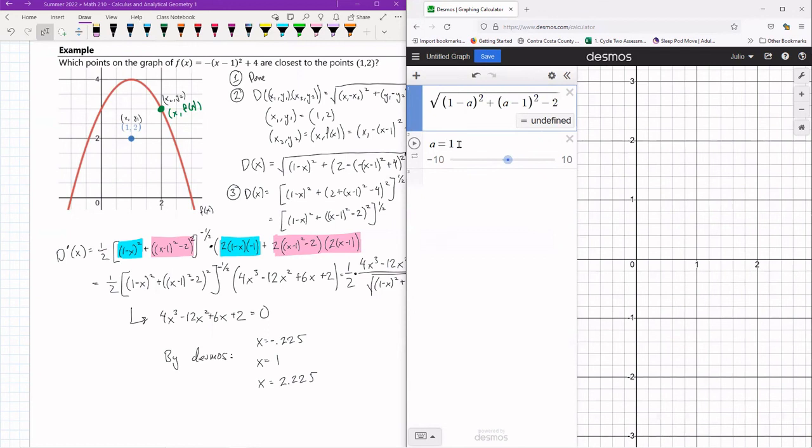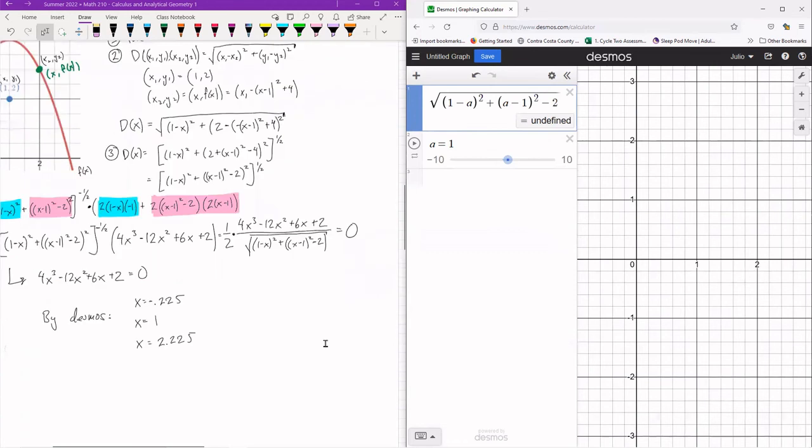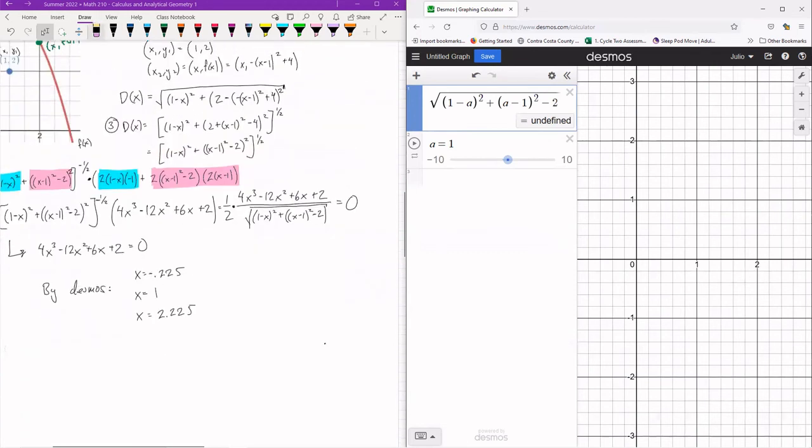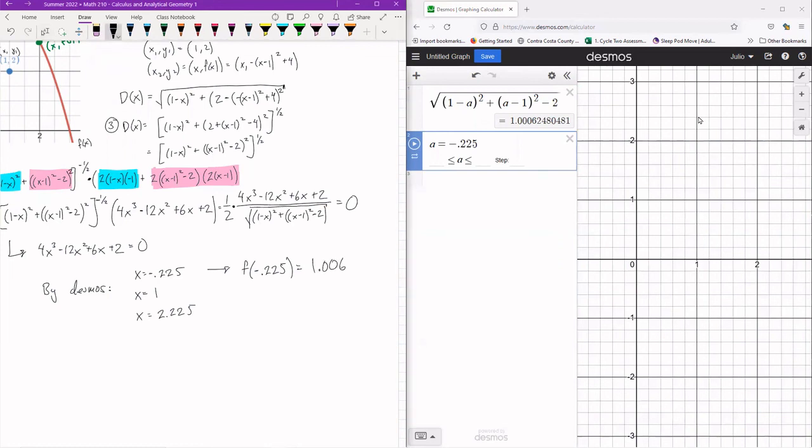And I'm going to find 3 values. I'll write them down right next to these. Negative 0.225, I make that the negative, and I get 1.006.